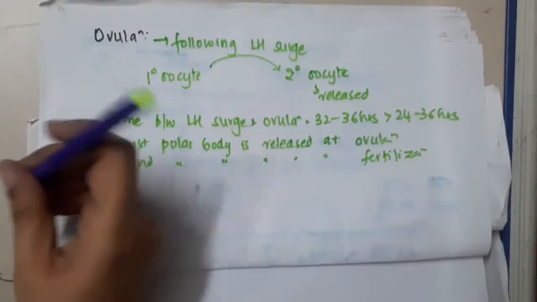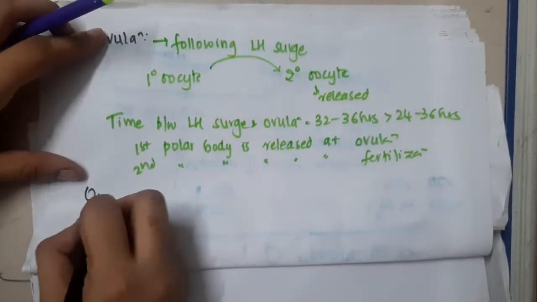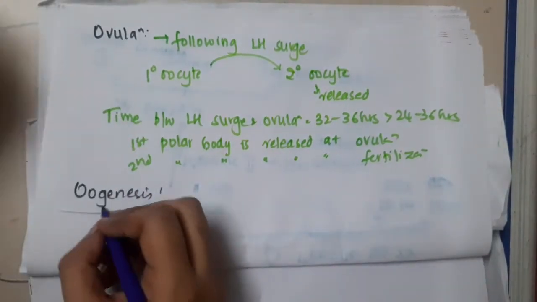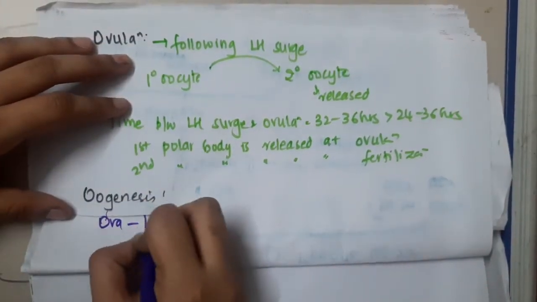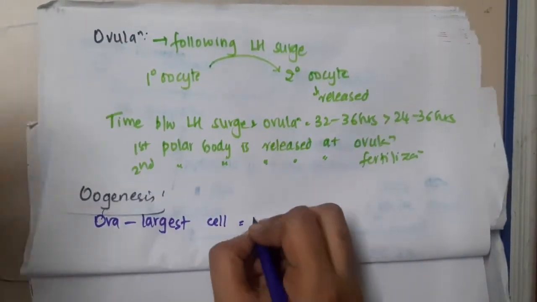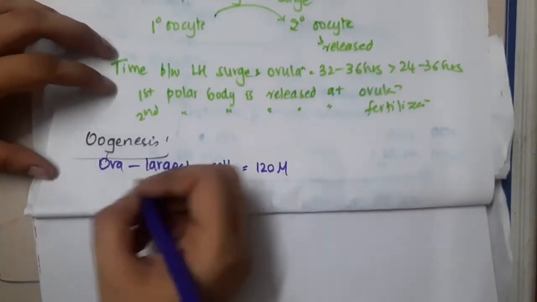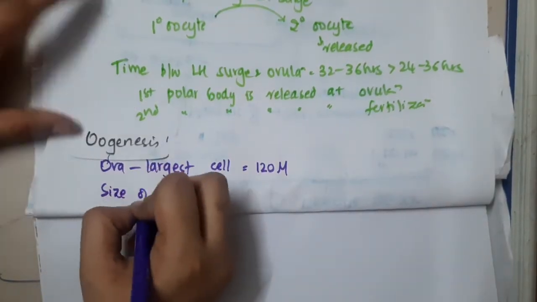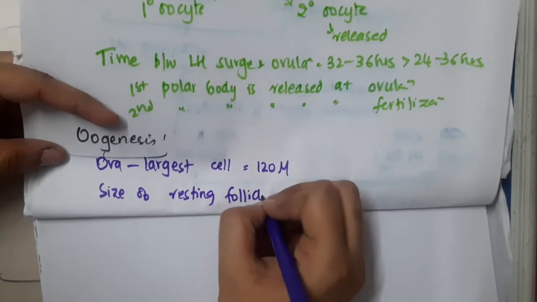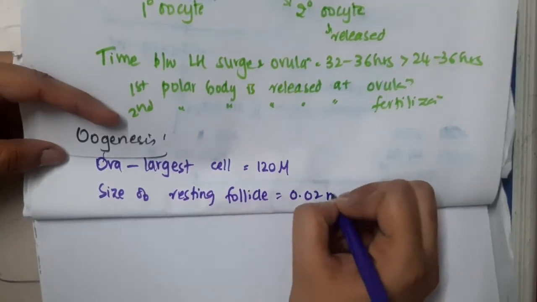Now some important points about oogenesis. Ova is the largest cell. The size of the ova is 120 microns. The size of the resting follicle is around 0.02 millimeters.